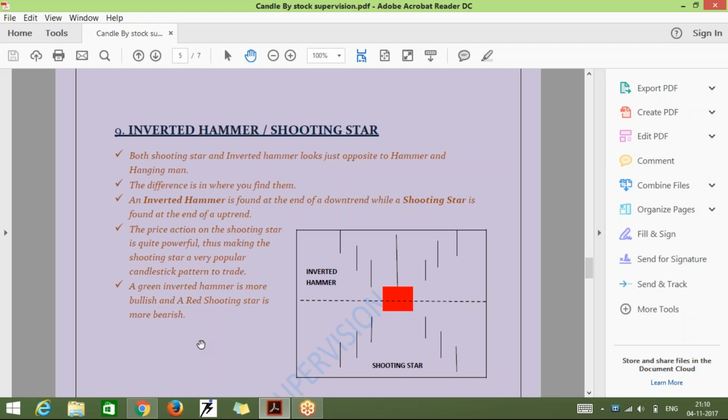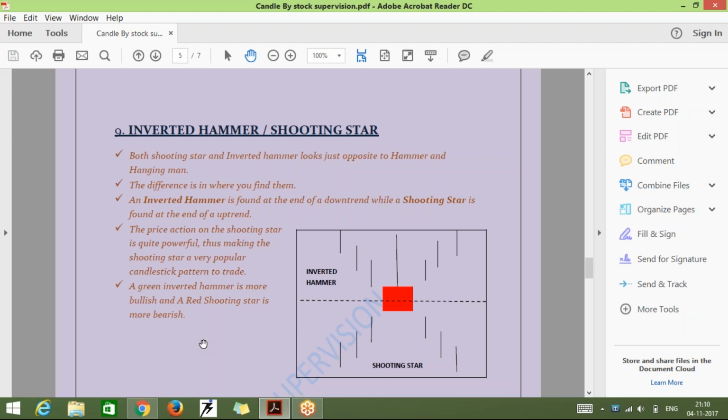You may not find a bullish engulfing quite often, but whenever it is found, it is actually powerful. You may not trade upon the Harami pattern, just because we have two things to compare, we can know which one is actually working. Then, a green inverted hammer is more bullish and a red shooting star is more bearish.